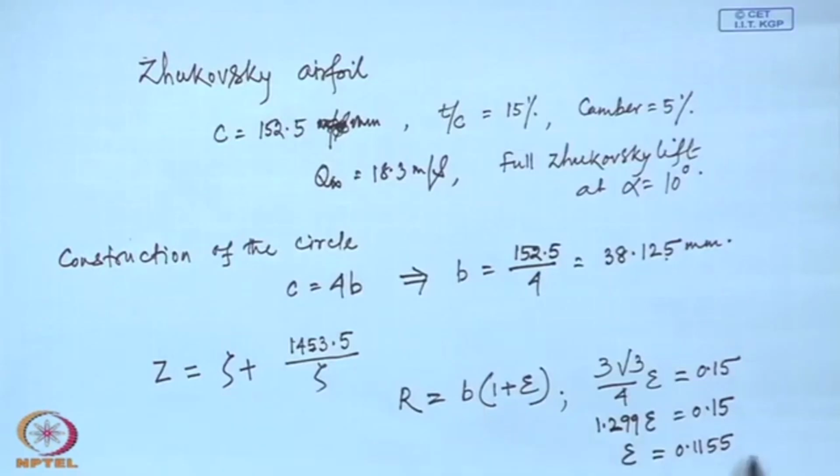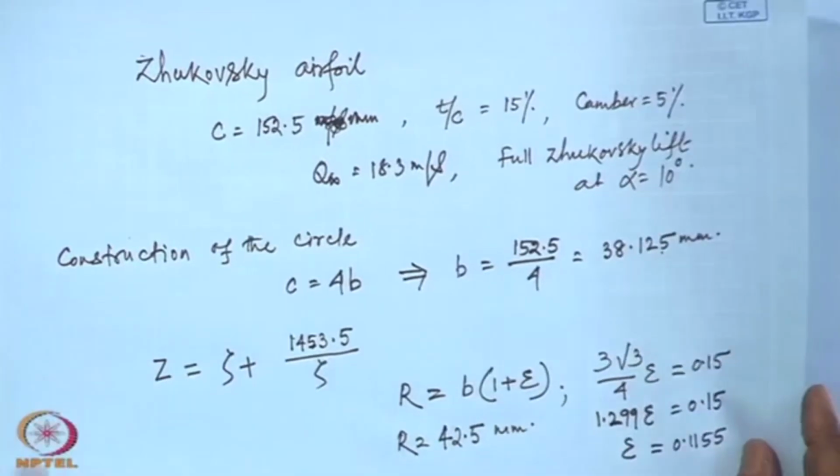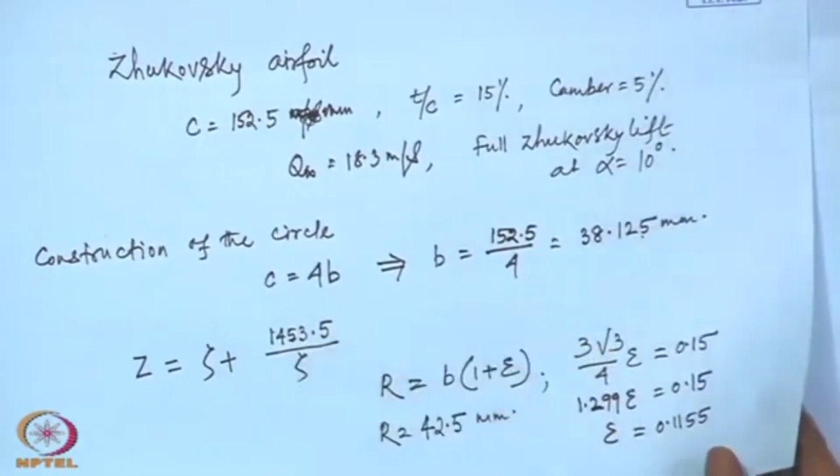Now, we have b, we have epsilon, we have radius. Actually, it becomes 42.53, but let us take 42.5.